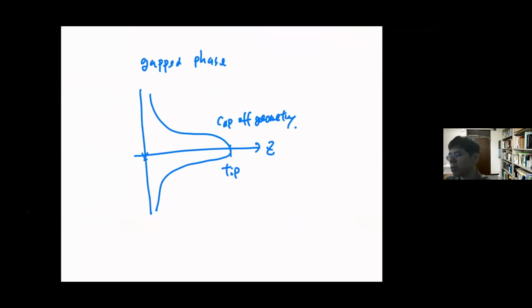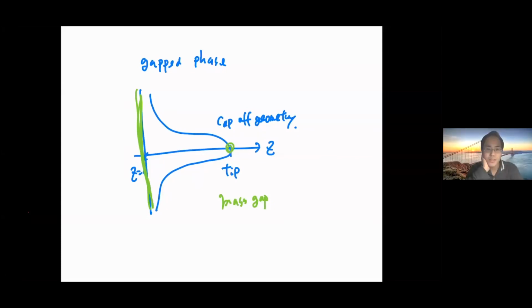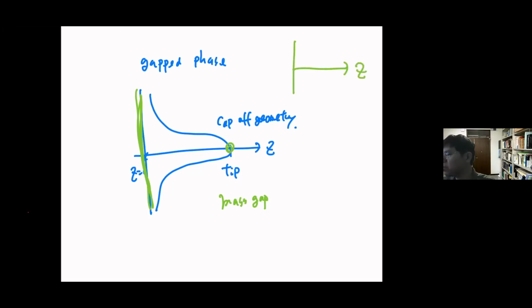So you have Z equals 0, right? The brane is here, I mean, the boundary is here. And this part plays the role of a mass gap. What is the curve you wrote? This is a kind of metric, I mean, behavior of the metric. Maybe you can just write the physical region, it's like some Z0, right? And the only physical region is here. And spacetime vanishes in this region.